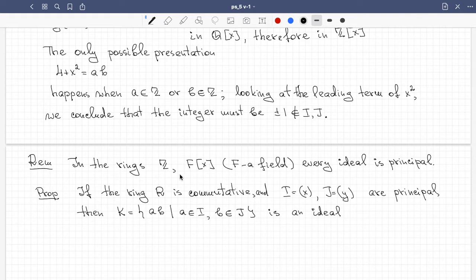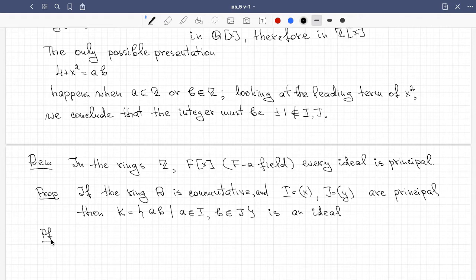So for this reason, you cannot find any examples in these rings. In these rings, every ideal is principal, so you multiply ideals and produce again an ideal. Here is a very simple proof why this is the case.